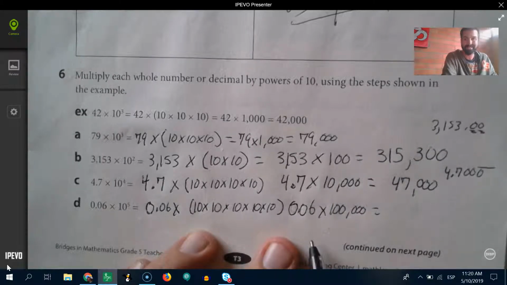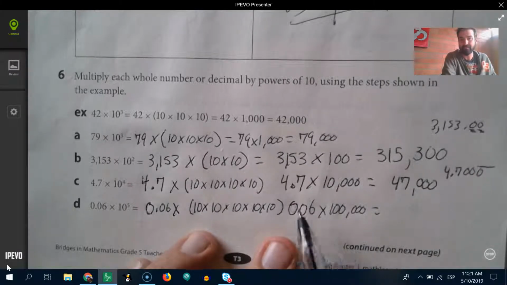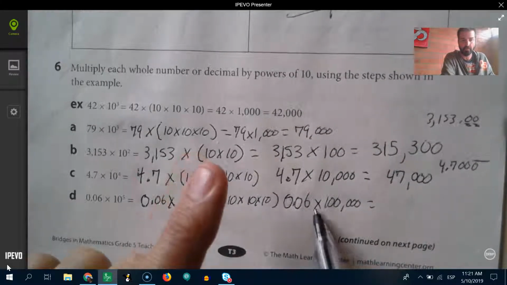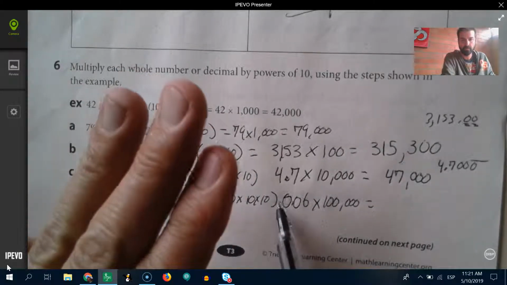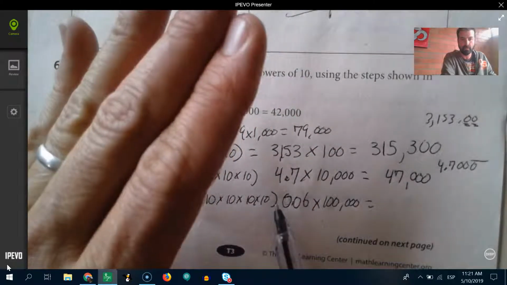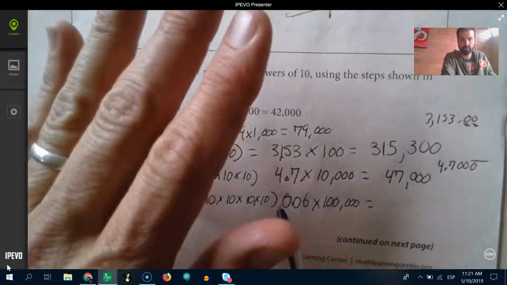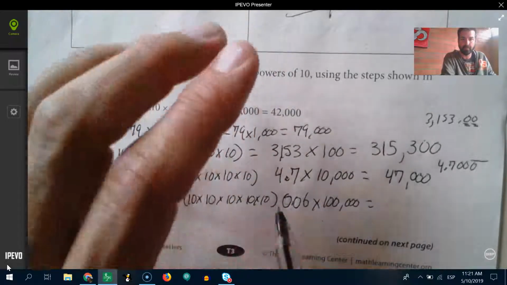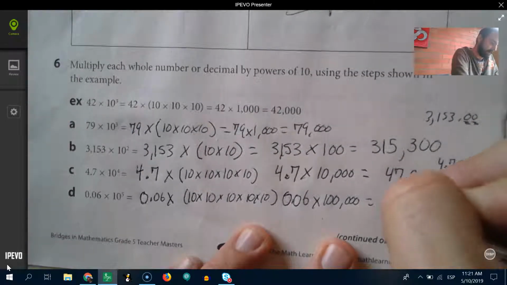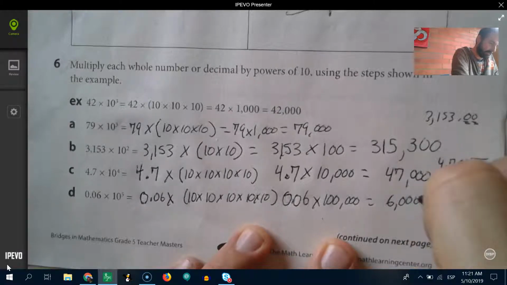So my digit 6 and the zeros after it, they're going to shift down 5 spots. So let me count. Tenths, ones, tens, hundreds, thousands. Okay, so I go from the hundredths to the thousands, and that's 5 spots. So that's going to give me 6,000.